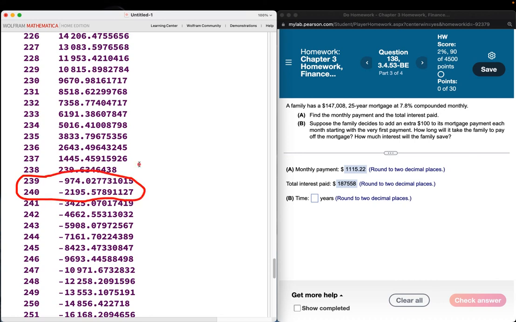Okay, so again, we have the same thing as before. The answer is going to be somewhere in between 239 months and 204. Oh, wait, sorry. No, 0.